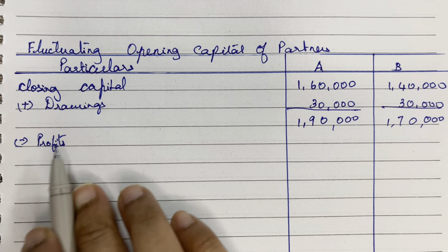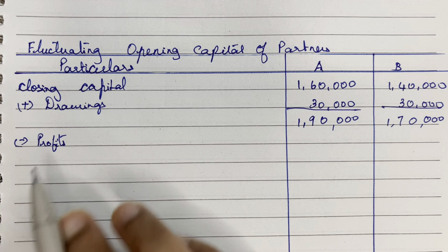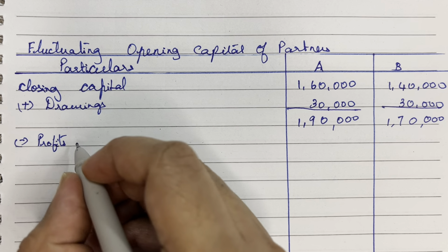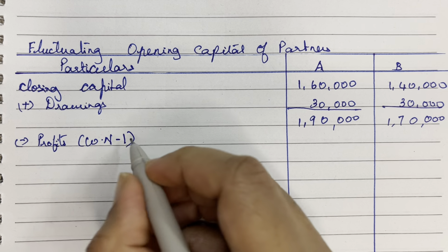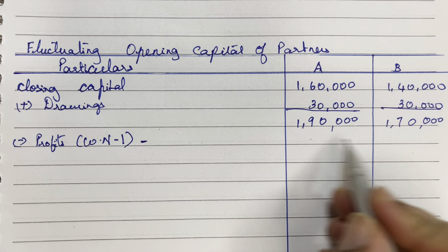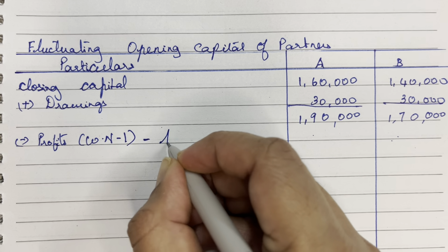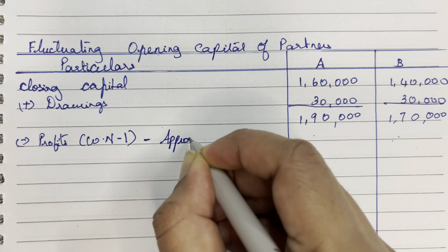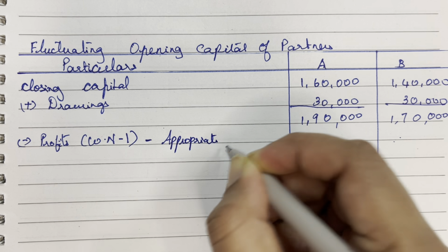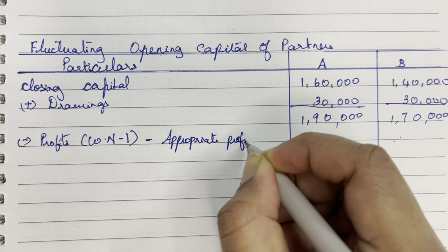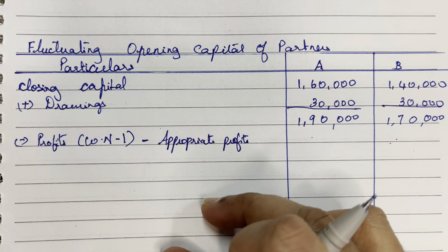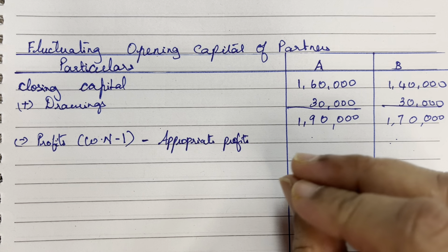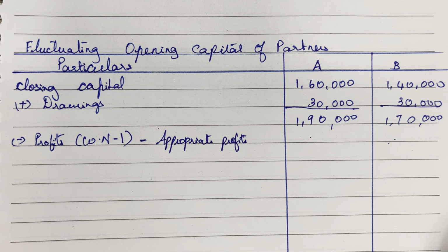So the profits over here, which we will be calculating, we'll write as working note 1. These are going to be your appropriate profits. Now what are the appropriate profits? The appropriate profits are the profits that we get after paying the interest on capital to the partners.